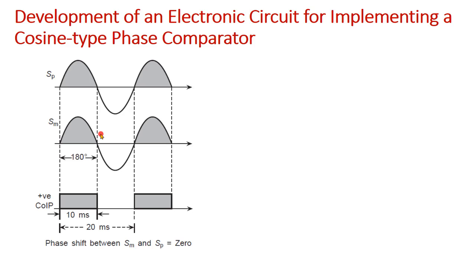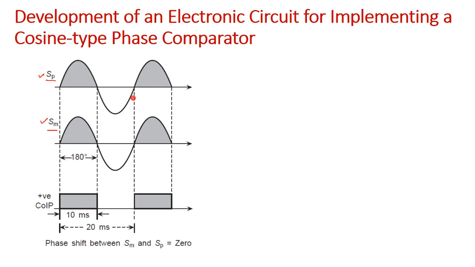The concept used here is the coincidence wave method. Using the coincidence wave method, we can design this kind of comparator. Here you can see we have two signals, SP and SM, one is the polarizing signal, the other is the measured signal.